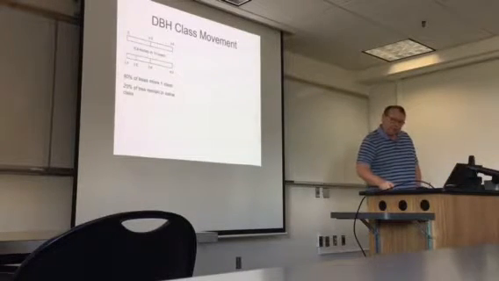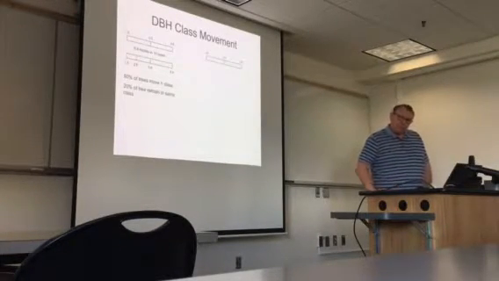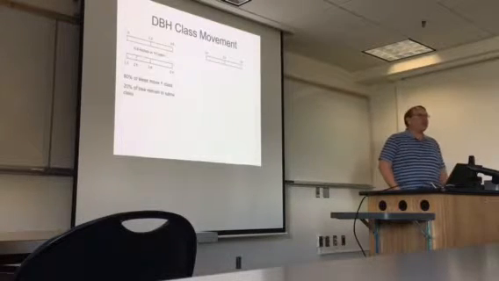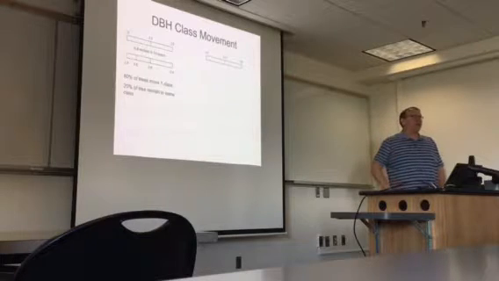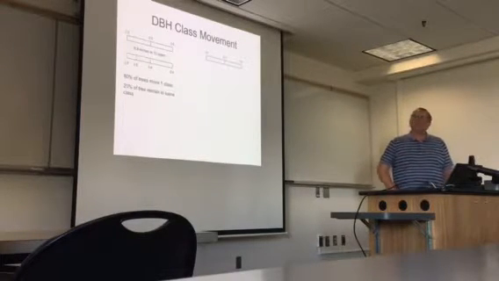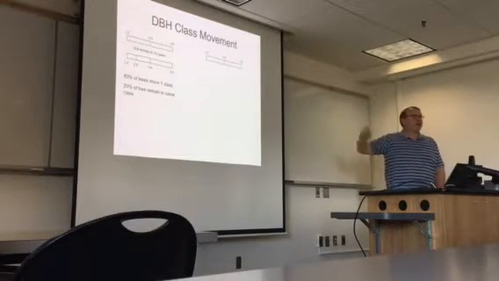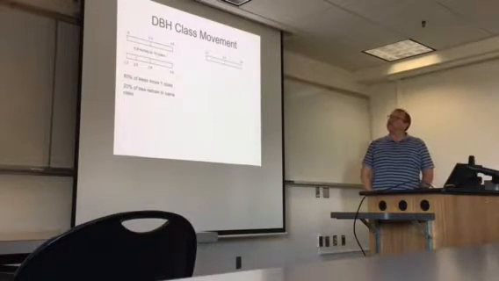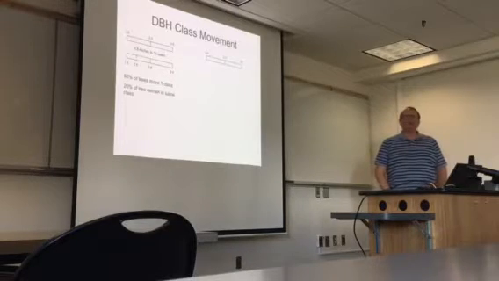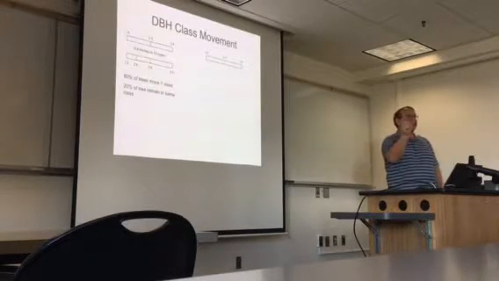Second example. 2-inch class again, but now 2-inch width classes. That's the difference between the left-hand side and the right-hand side. So with 2-inch classes, the 2-inch DBH class goes from 1 inch to 3 inches, right? That's 2 inches of width.